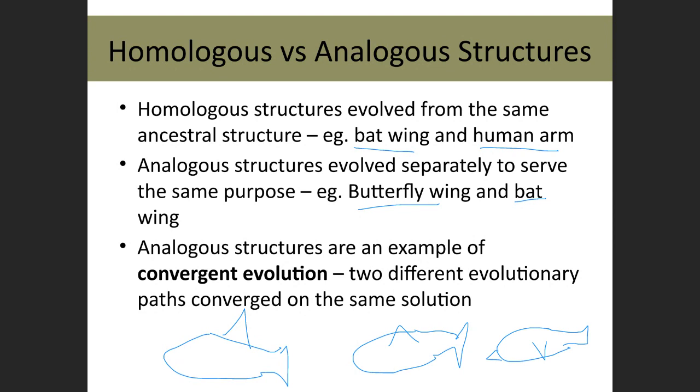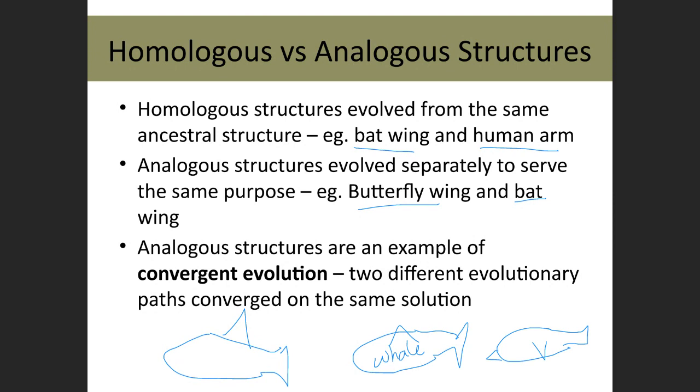The shark is a fish. The whale or dolphin evolved from a land mammal that then moved back to the ocean. And the bird evolved on land too, from dinosaurs, from a flying bird, became flightless and took to water, right? And so the dolphin or whale and the penguin evolved this body shape to better move quickly in the water.